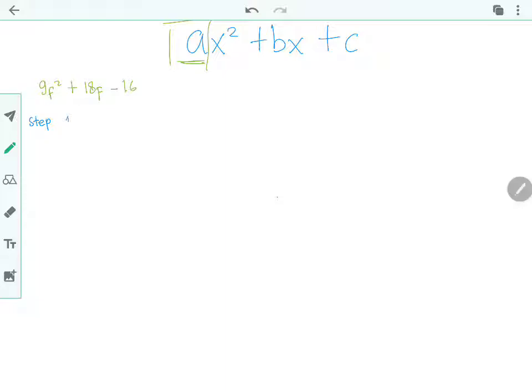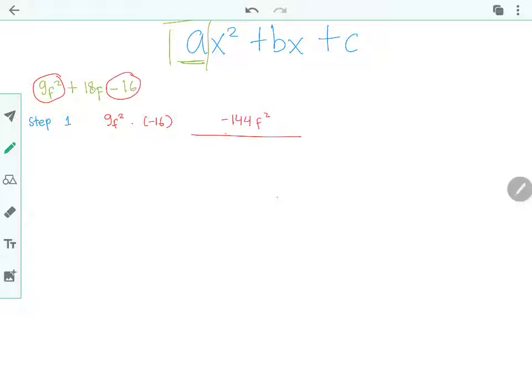Step 1: multiply the last number, negative 16, with 9f squared. 9f squared times negative 16 gives negative 144f squared.